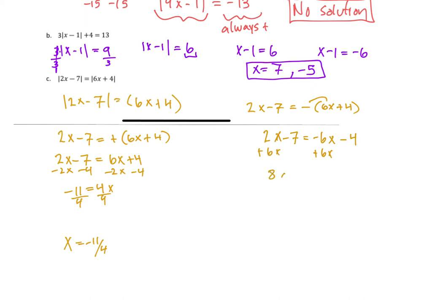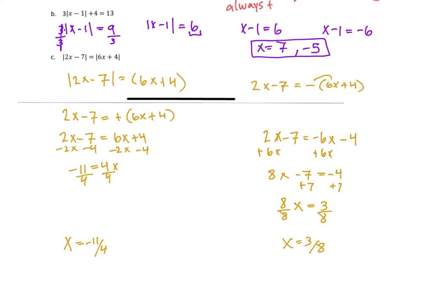So that gives me 8x minus 7 equals negative 4. I could have just added the 7 at the same time, but I started writing and then I didn't. So then we end up with 8x equals 3. Divide both sides by 8, and we get x equals 3/8.